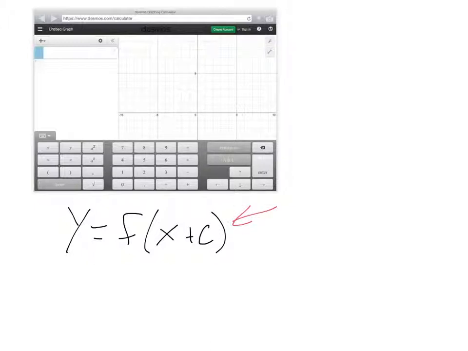So with horizontal translations, if I have the function y is equal to f of, and instead of adding to the outside, I add to the actual argument or subtract from the argument, the independent variable x, by whatever c is, we'll call that c, then this is a horizontal translation.